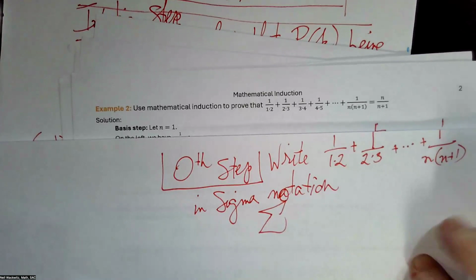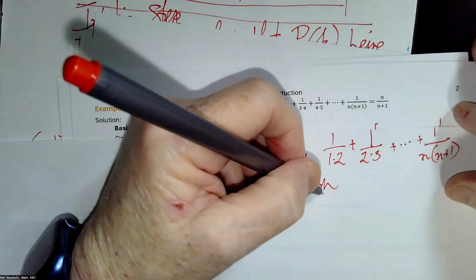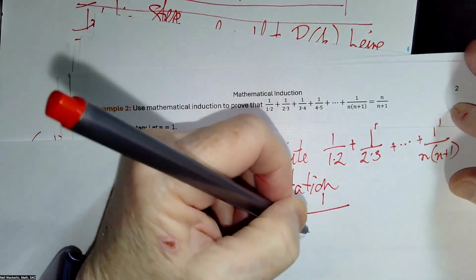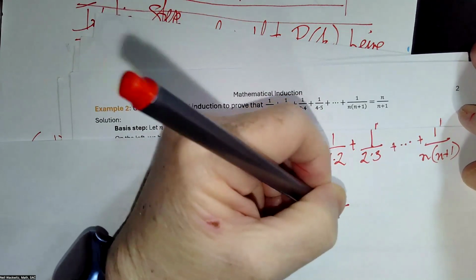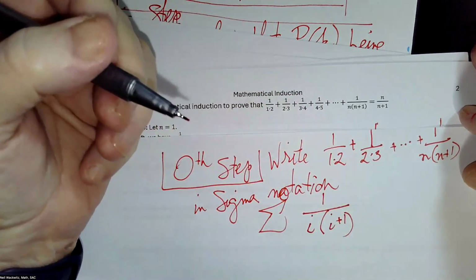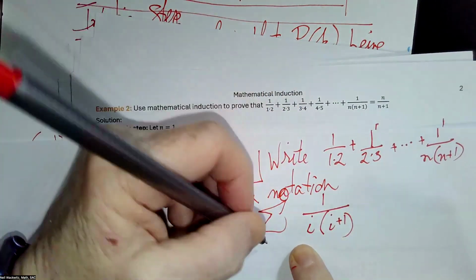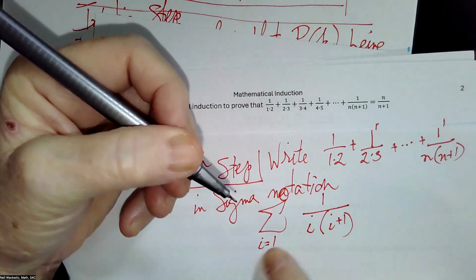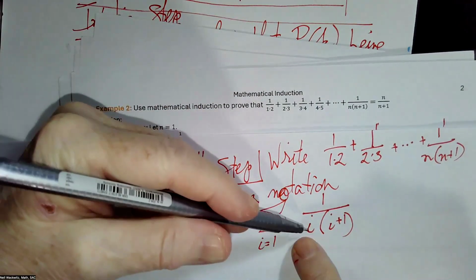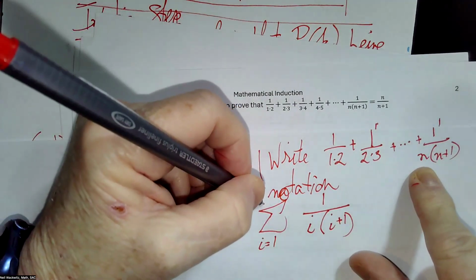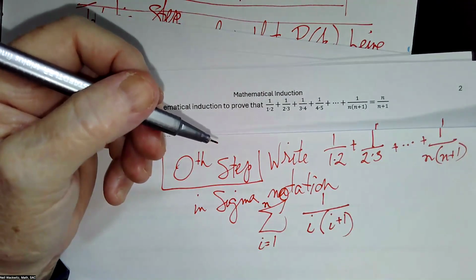So I'm going to think of i's. If I have i times i plus 1, then I could start with i is 1, and I'll go all the way up to, oh, okay, groovy, I'll go all the way up to i equals n.